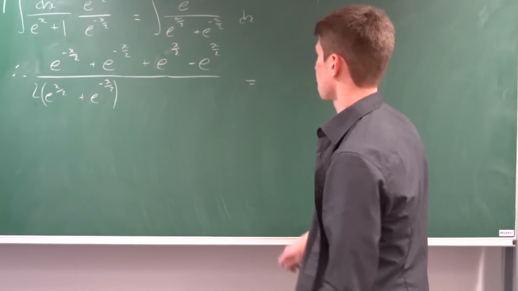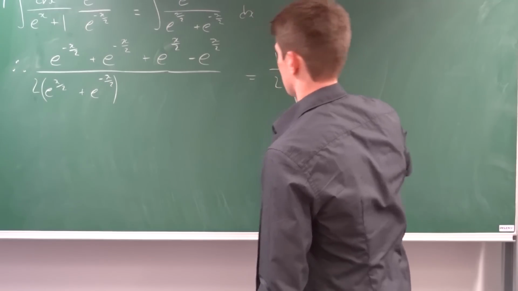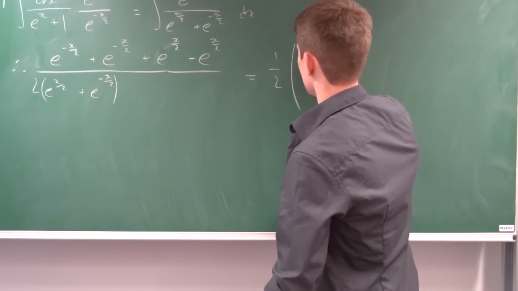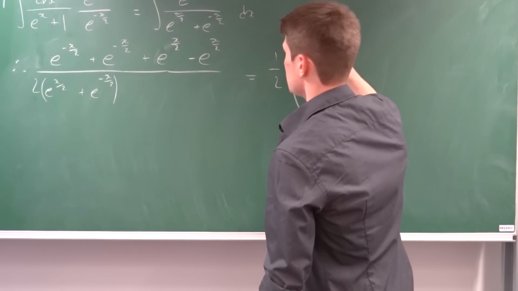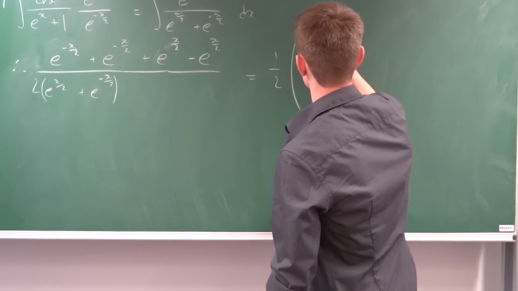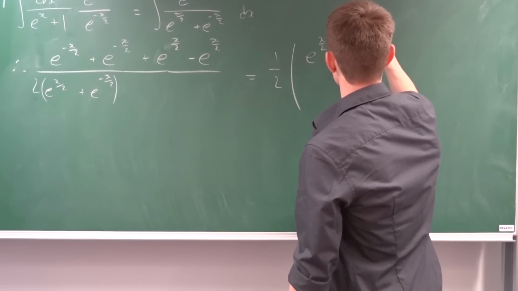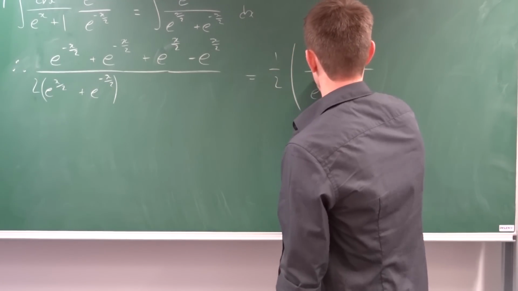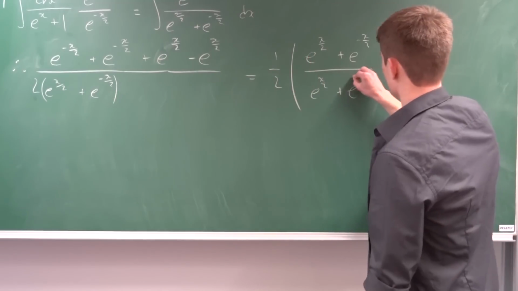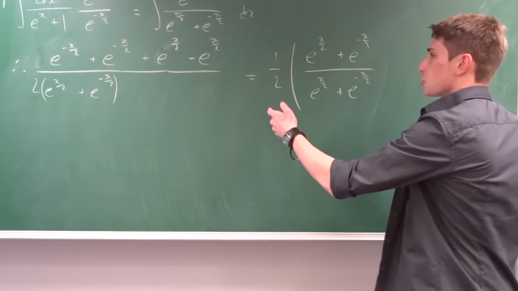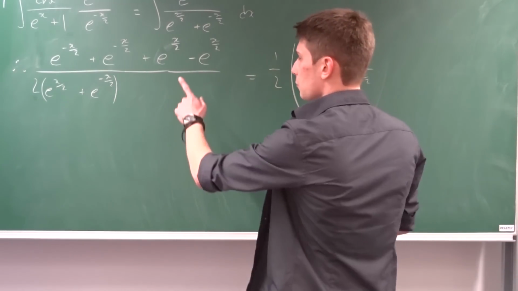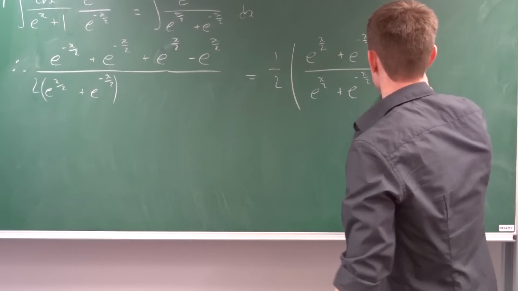So what is that? This is 1/2 times. So there's the first part. So that would be e to the x over 2, let's put it that way, plus e to the minus x over 2 over e to the x over 2 plus e to the minus x over 2. And also, well, let me do something real quick. We can factor out a minus on this one.